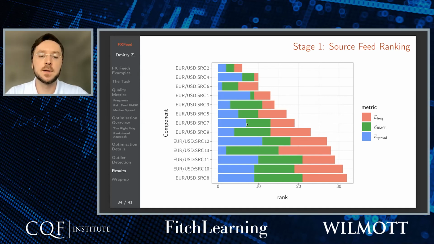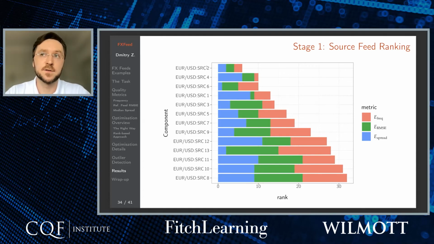And as you can see from the plot, source number 2 is the best in terms of all the 3 metrics. But it's not as good, for instance, as source number 6 in terms of the spread, but nevertheless, it's the best overall.